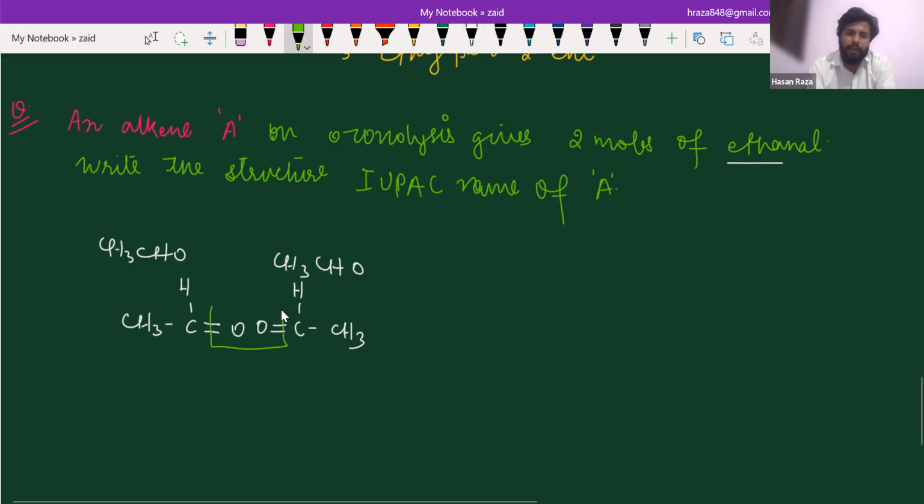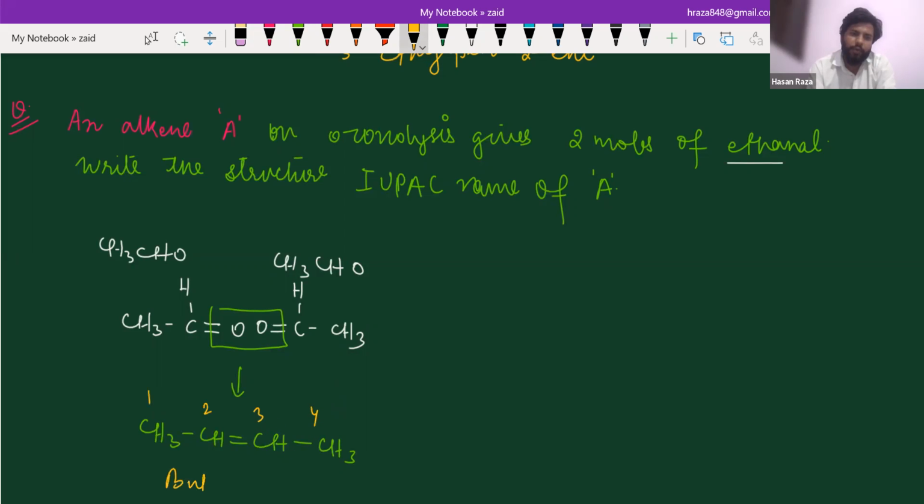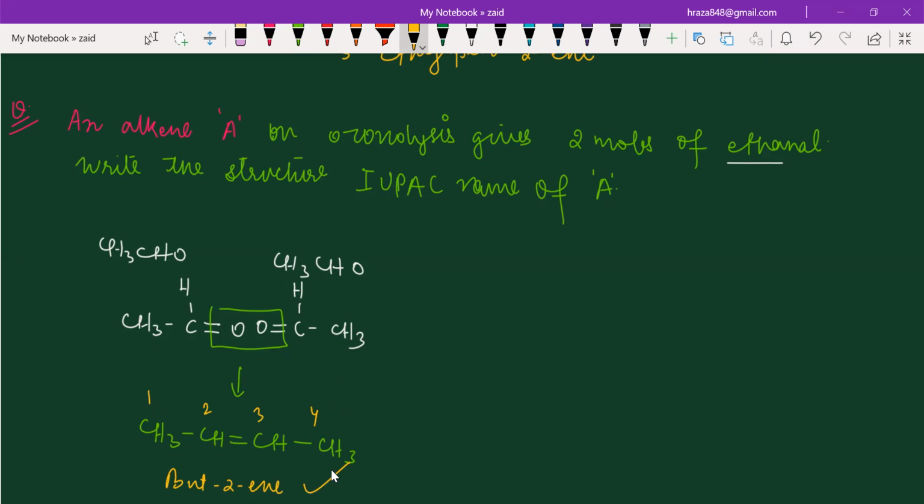So this O will be eliminated and you will get CH3CH double bond CHCH3. If you name it 1, 2, 3, 4, it will be but-2-ene. This is the required alkene name and structure. Are you done with this? Zab, Alan, Mehraj. Yes.